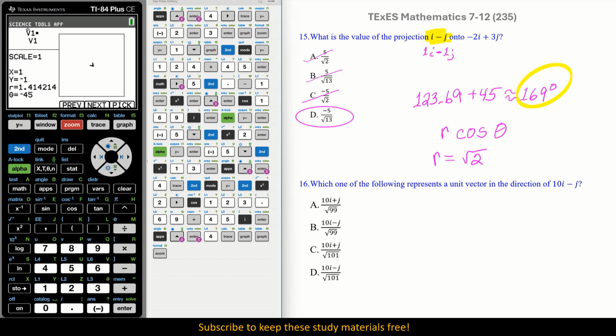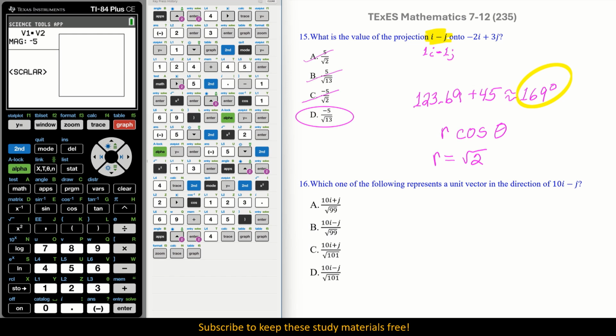But notice here it has V1 times V1. You've got to tell it V2, so push trace or next. Now we have V1 dot product V2. So push graph again. See what you get right up here? Magnitude of -5.